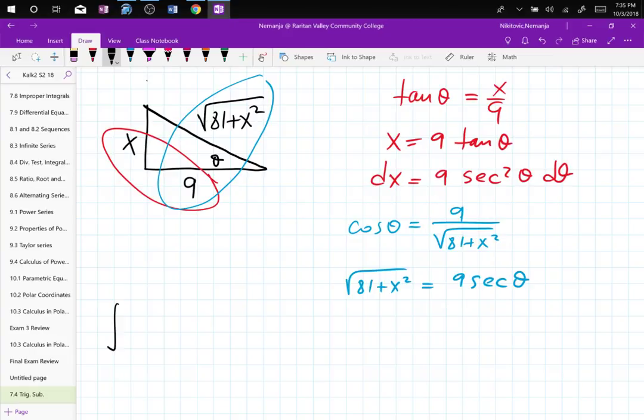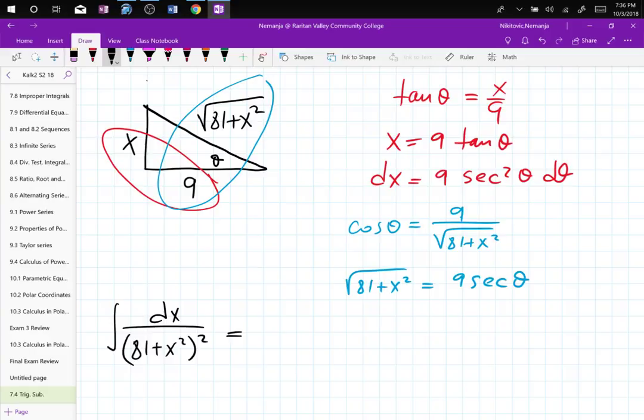Do we have the same equations? So you either have this tangent secant pairing, or you have the cosecant cotangent.